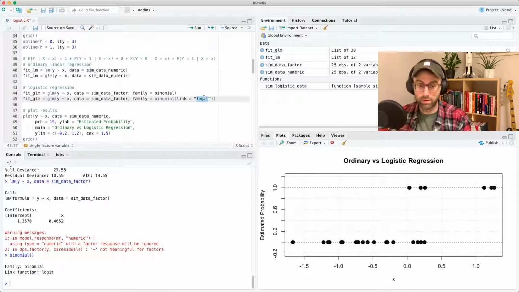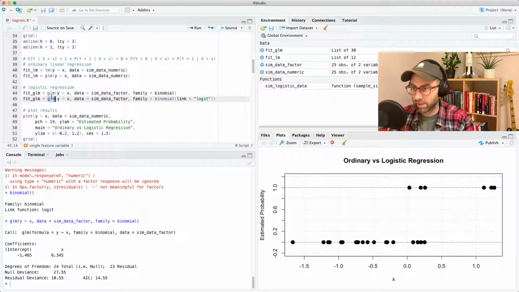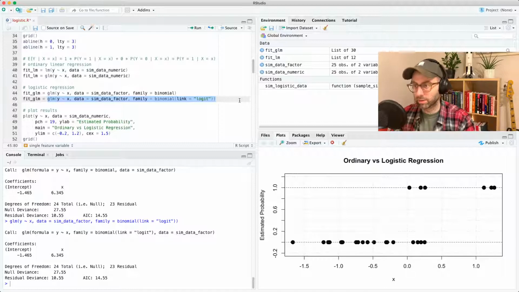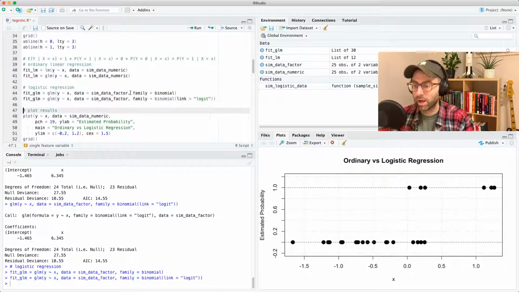For example, you can make this probit, and it would do something slightly different, but ultimately accomplishing the same goal. These two things do the same thing. Maybe we'll verify that. Okay, so that gets estimated coefficients like negative 1.4 and 6.3. So it's the same thing. Just a note there.